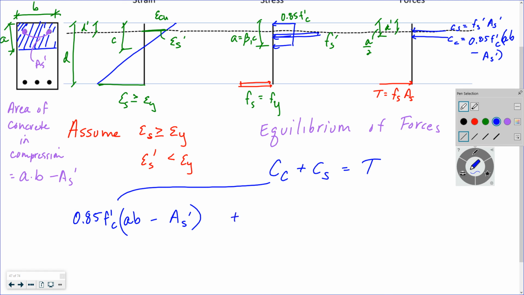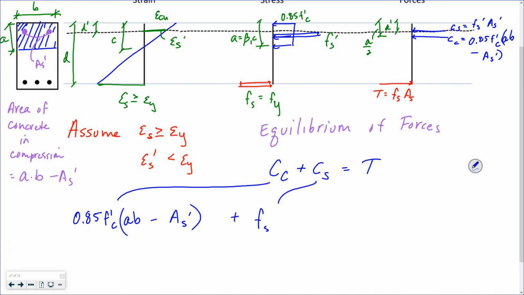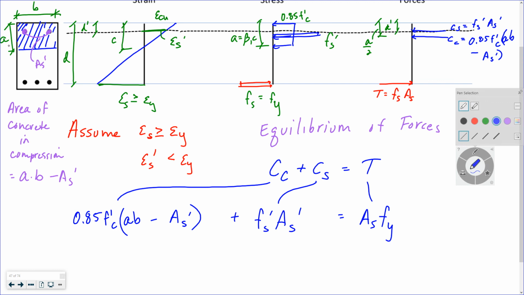So my compression steel force, f_s prime A_s prime, is going to equal my tension, A_s f_y. I could have put that up here, f_y A_s, based off of my assumption, right?